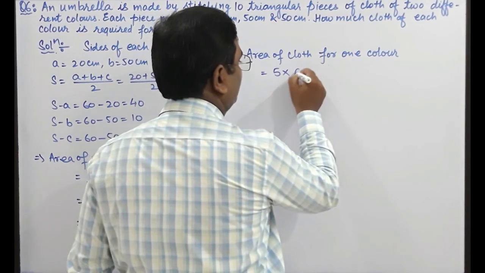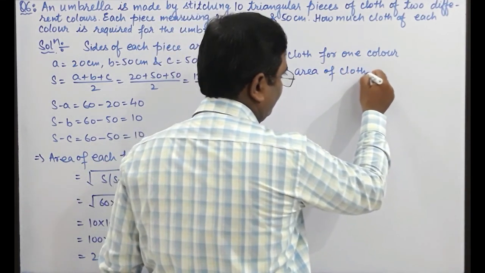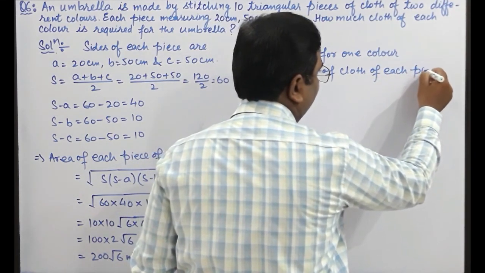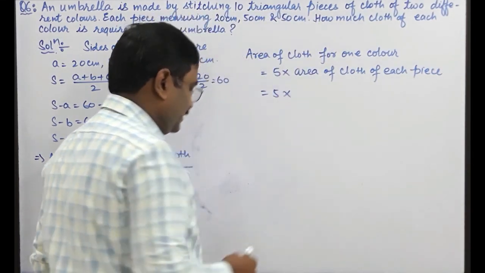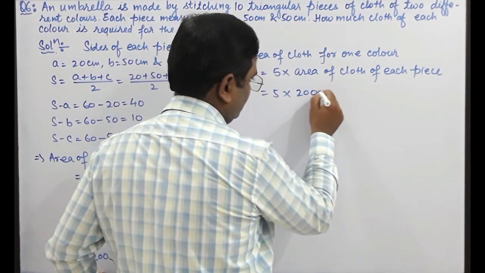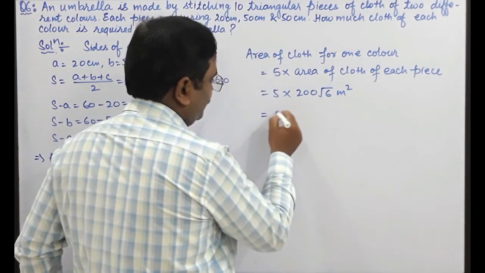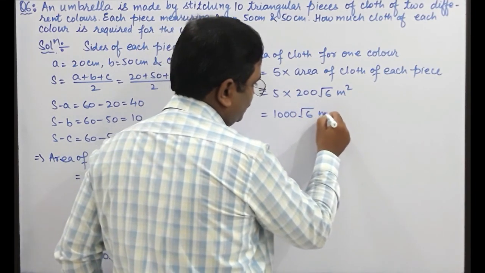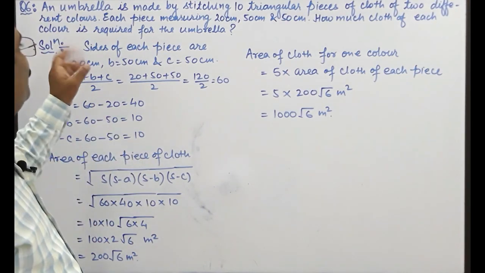Area of cloth of each piece. So 5 multiplied by 200 under root 6 meter square. So 200 fives are 1000 under root 6 meter square, which is the area of cloth of each color.